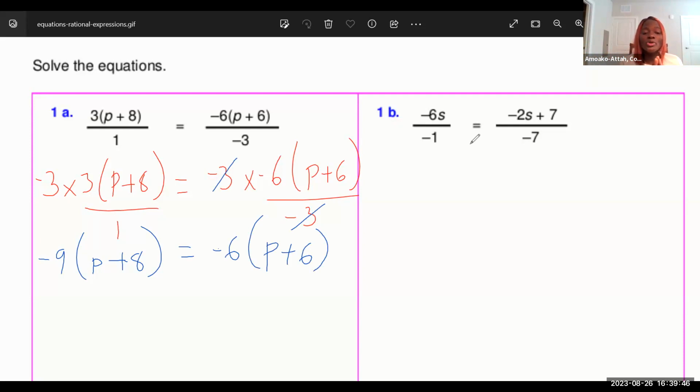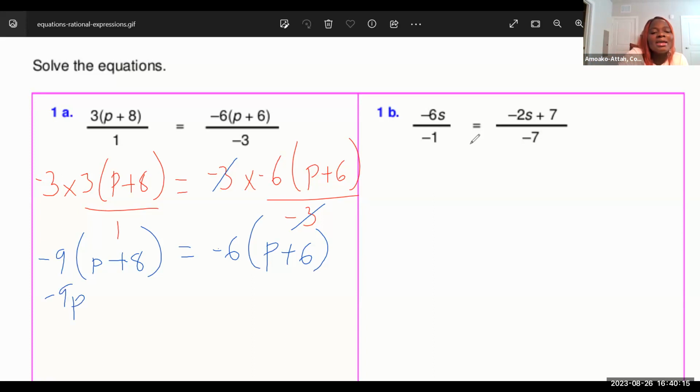So what do we do? Let's tackle them one after the other. Okay, so the first is -9(p + 8). Let's expand our parentheses. Always we follow the PEMDAS, right? So -9 times p is what? -9p.